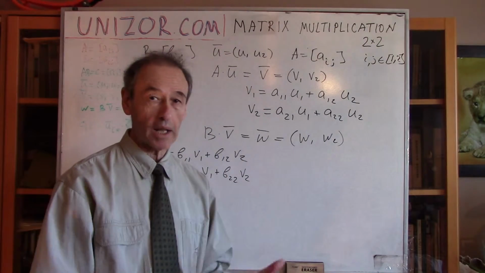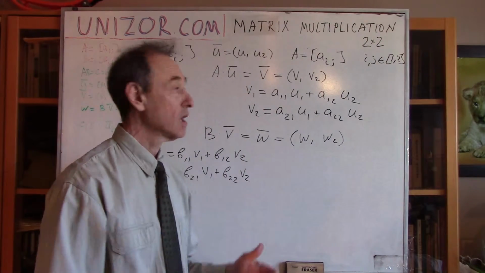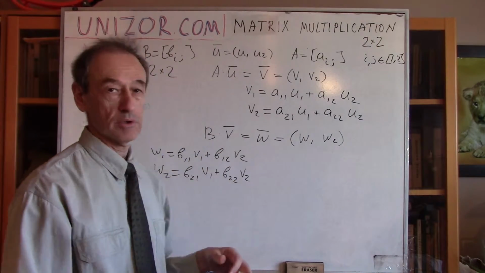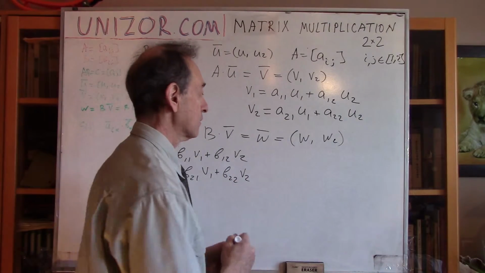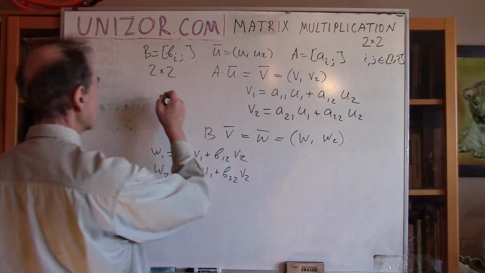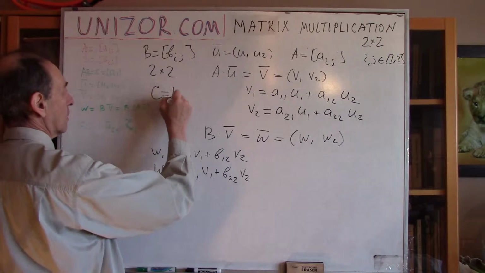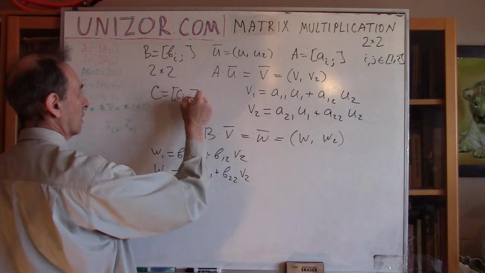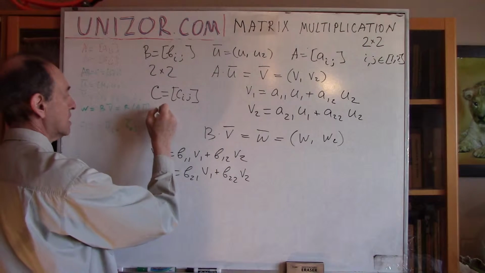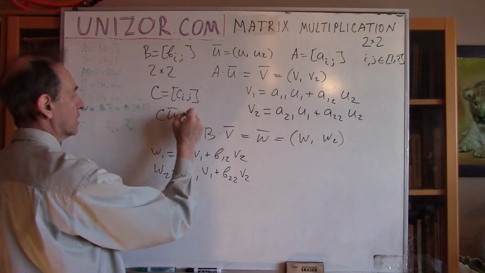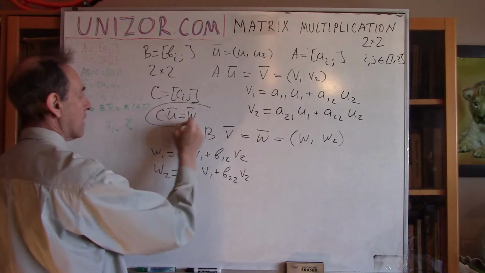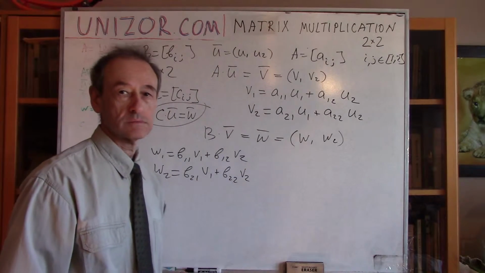Can I get in one linear transformation from u to w? If I can, that would be some kind of a matrix C in such a way that C applied to u would give me w. That's what I would like to get.